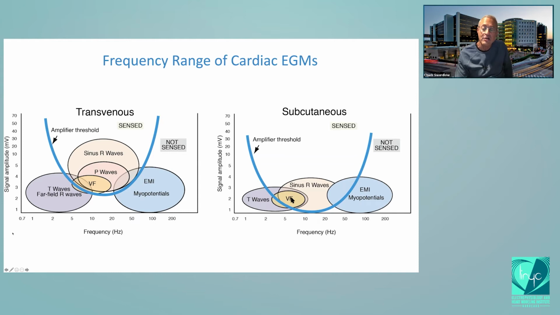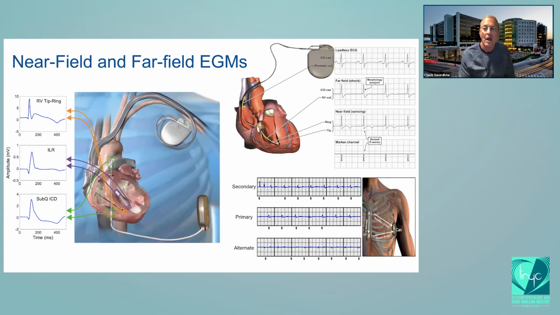And the duration of a signal is a rough measure of the inverse of the frequency. So signals coming from the surface of the body have much lower frequency. And that's a real problem. It was one of the reasons that T-wave oversensing was a challenging problem for the subcutaneous ICD, because they couldn't just use frequency to separate the two.